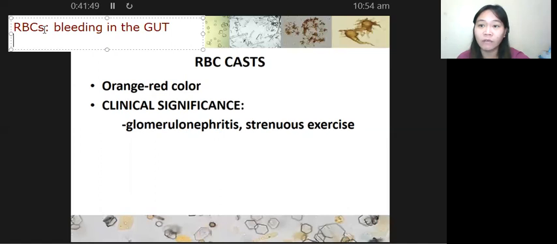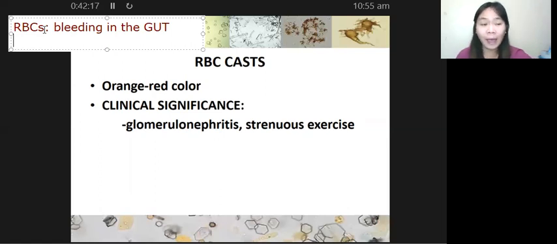It's not specific to our kidneys because the other organs of your genitourinary tract may contribute in the presence of your RBCs. Okay? Specifically, kung nagkaroon ng problem when it comes to the vascular integrity of the blood vessels that are present in your genitourinary tract. Okay?